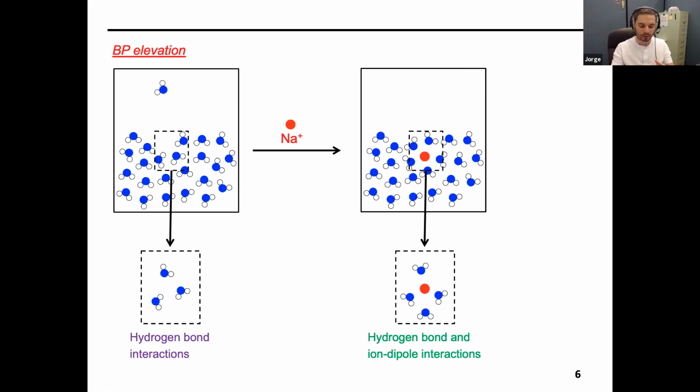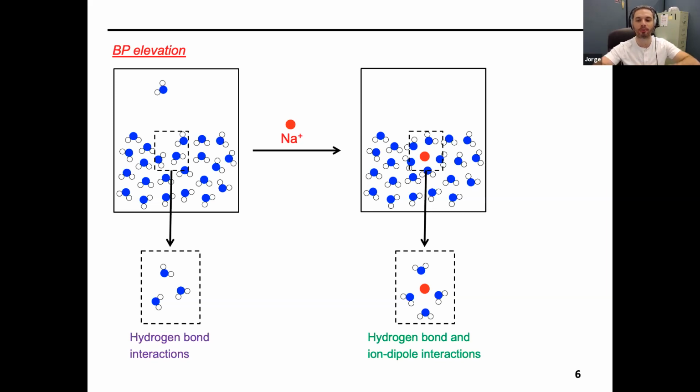What's going to be the effect of this new interaction on the boiling point? Is it going to be easier or harder to leave the solution now? Because we have an extra interaction that's really strong, now it becomes harder for the water molecule to leave the solution.